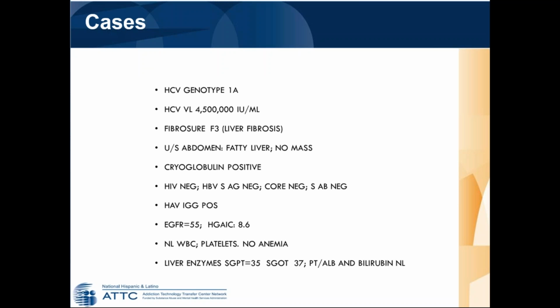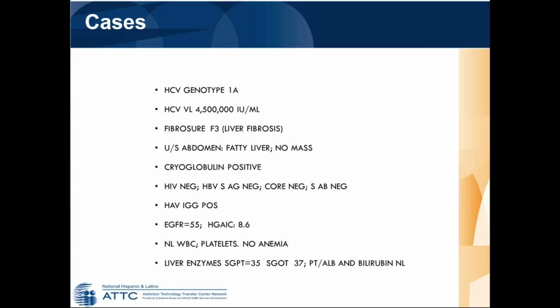So in terms of hepatitis C itself, he has genotype 1A, which is the most common subtype in the United States. He has hepatitis C detected in his bloodstream, 4.5 million international units or copies, which is an indication for treatment. He has liver fibrosis. So even though he has no symptoms at all and he feels well and he has normal liver enzymes, his liver already has evidence of scar.